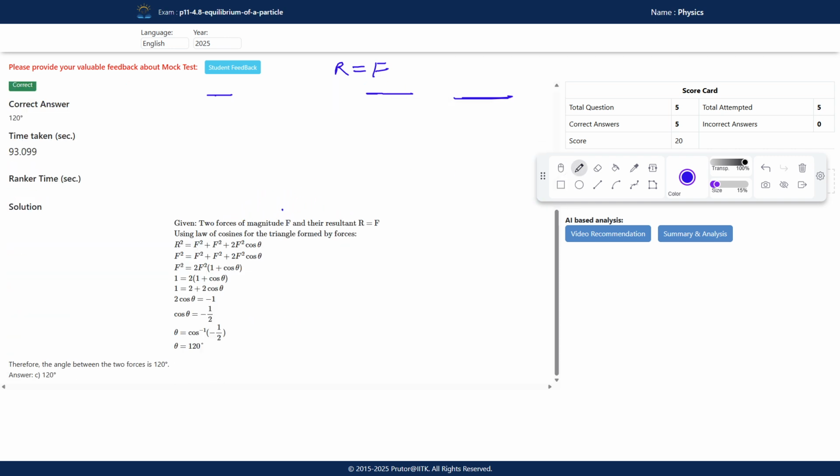Using the law of cosines for the triangle formed by the forces, R square is equal to F square plus F square plus 2F square cos theta, because R equal to F. So F square is equal to 2F square (1 plus cos theta). Here F square is common and cancels out.